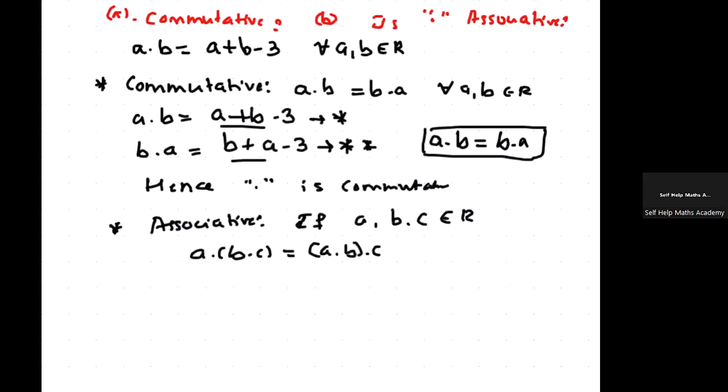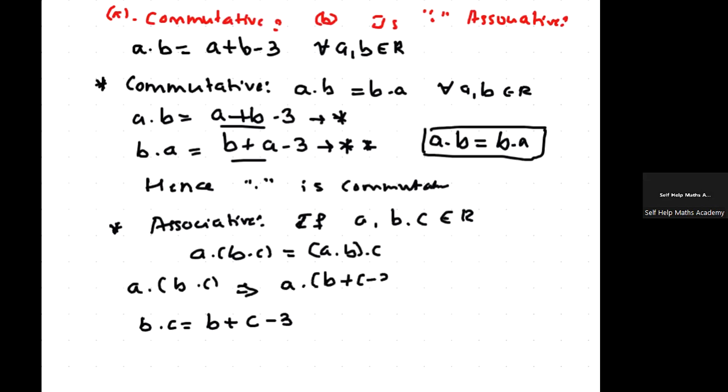Okay, then let's take the first one, a dot (b dot c). For this we need first b dot c. So let's find that: b dot c will be, as per the binary operation, the first element plus the second element minus 3. So a dot (b plus c minus 3).